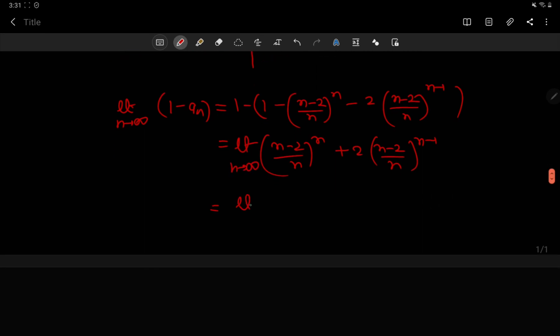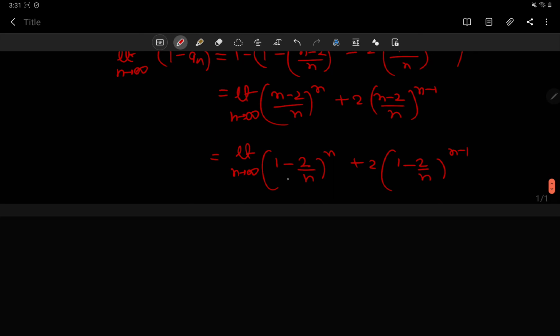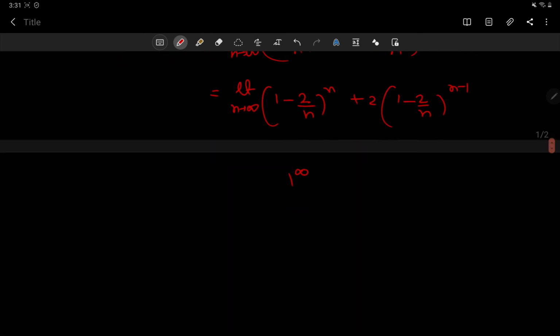Now we have to rearrange it further: (1 − 2/n)^n plus 2(1 − 2/n)^(n − 1). Now this becomes the form of 1 to the power infinity.